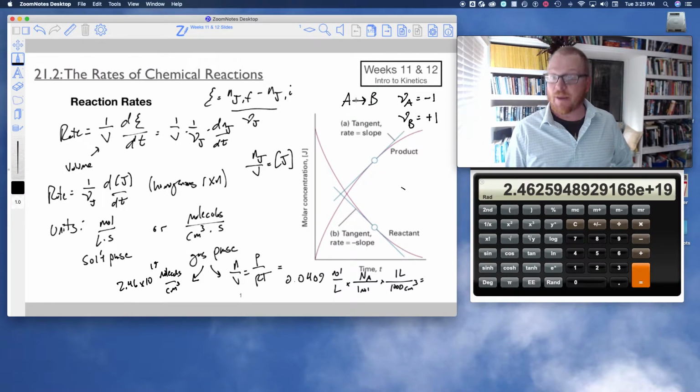And B, the product, in this very simple reaction, just A goes to B, has a positive rate, so it evolves in time. The slope at any one point along this reaction is the rate, in mole per liter per second in terms of the molar concentration, or gas phase molecule per cubic centimeter per second.